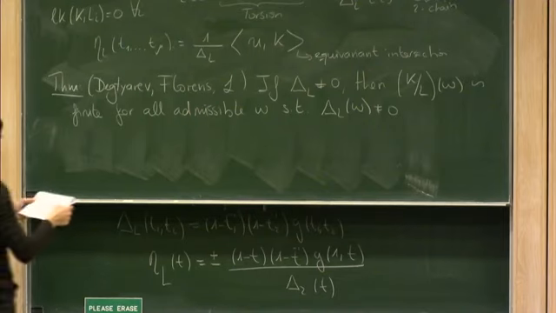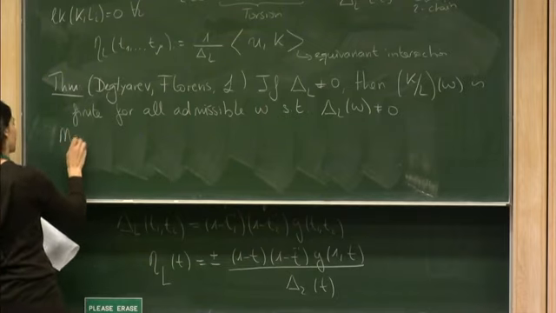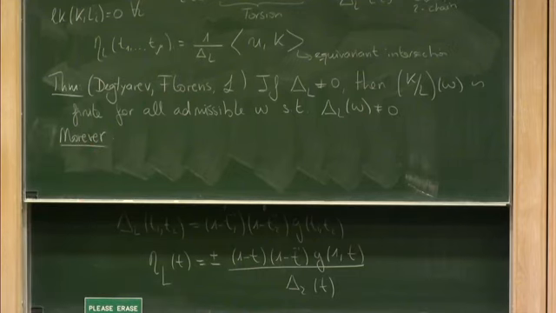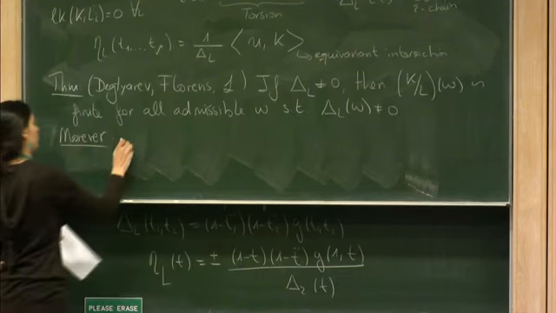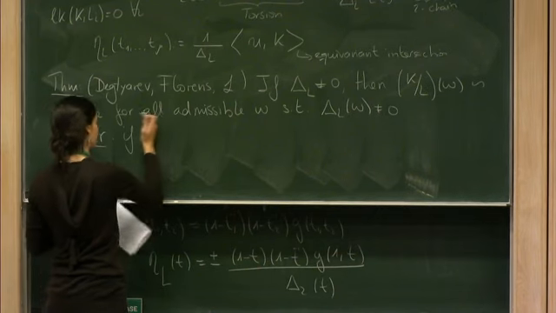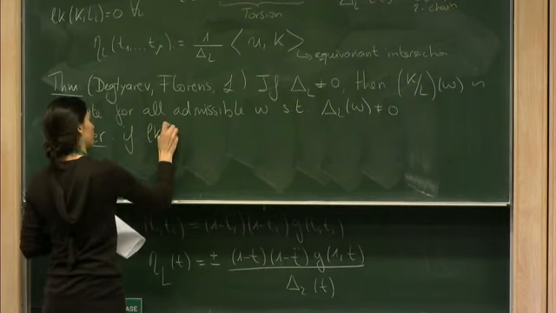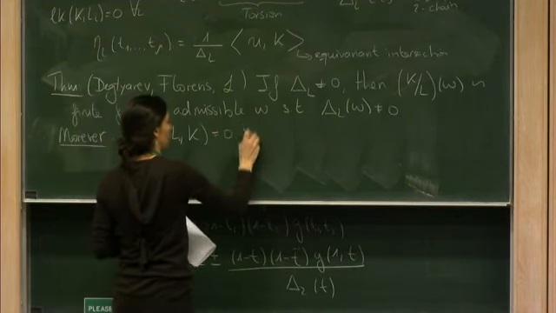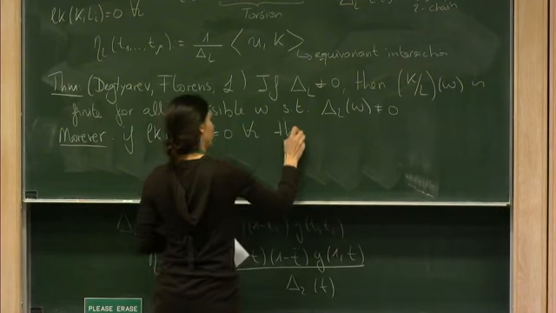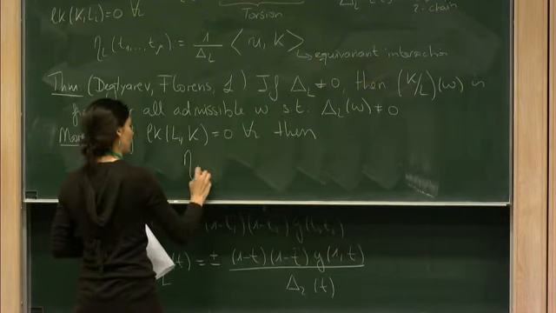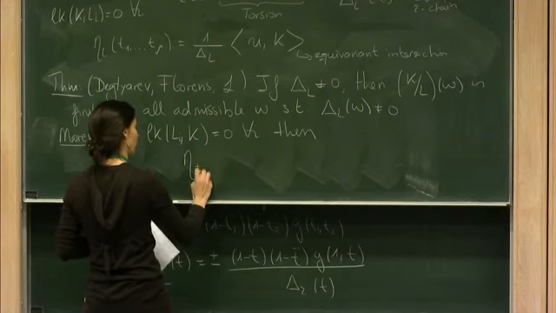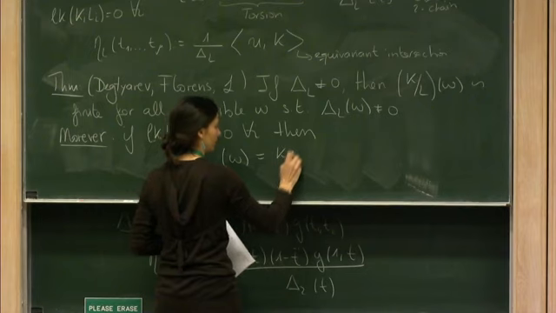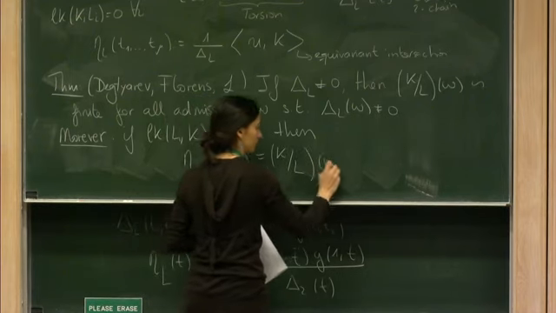And moreover, and here is where the link with the slope comes in, if the link that I started with has a property that Lik equals 0 for all i, then the value of the eta function of k union L in this omega coincides with the slope at omega.